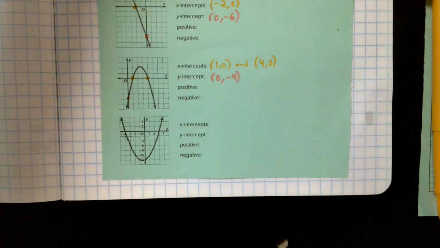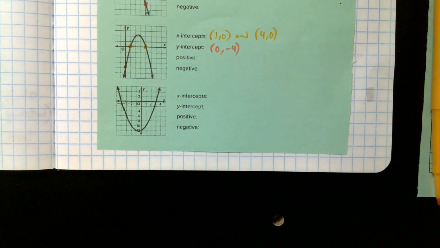Try that last one. Find the x-intercepts. If there's multiple, there probably is because it's a parabola. And my y-intercept. Should have 3 points. 2 x and 1 y. Keep in mind the scale of my y-axis is a little bit different.